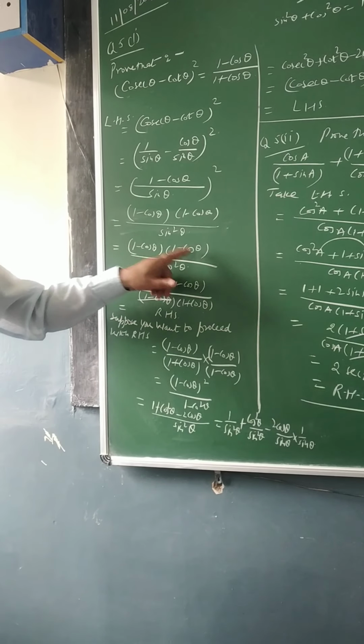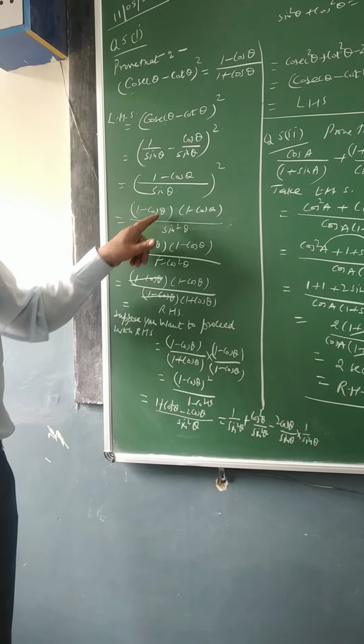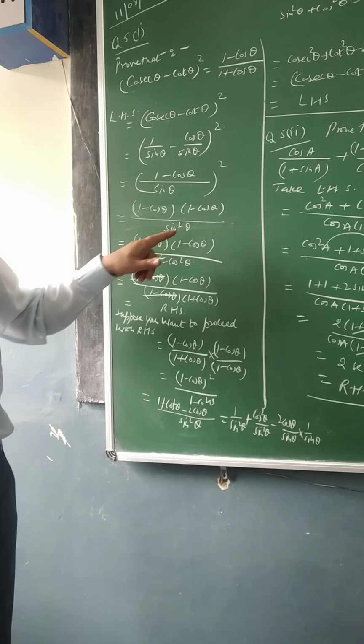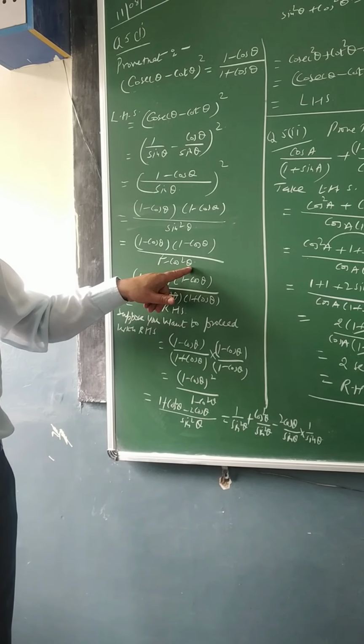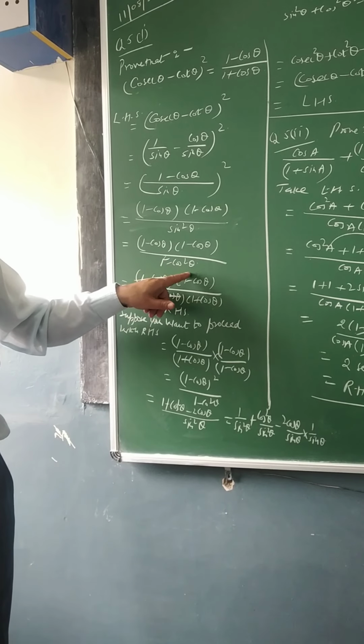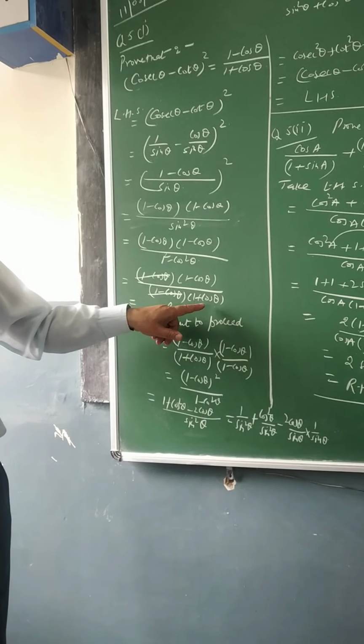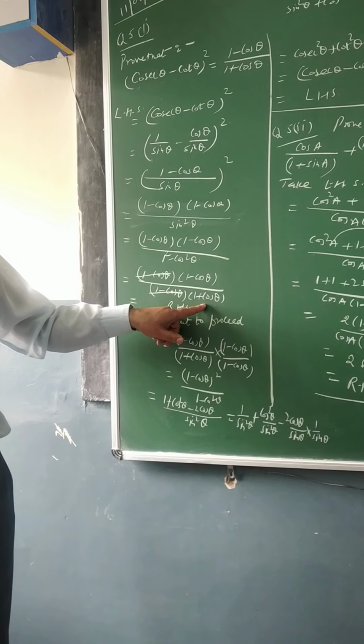So this I have written 1 minus cos theta into 1 minus cos theta in the numerator. Then I will express this sin square theta in terms of 1 minus cos square theta. I can write the denominator in terms of what? A square minus b square. And then I expressed it as 1 minus cos theta into 1 plus cos theta.